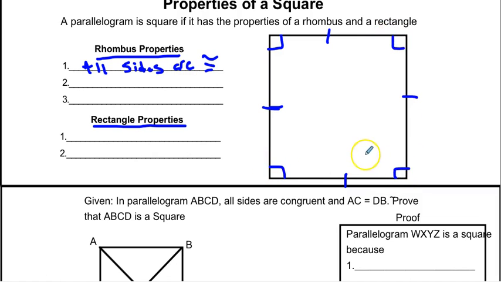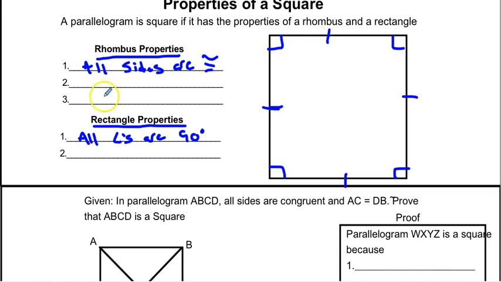Where did that property come from? Oh yeah, that property came from a rectangle. So we would say that all angles are 90 degrees. Now it actually has all the properties of a rhombus and a rectangle. Maybe you didn't learn those. These are the ones that most people learn in grade school and middle school, but it also has the rest of the rhombus and rectangle properties.